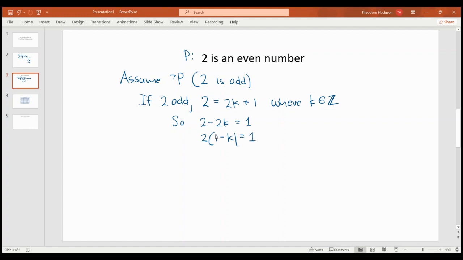Oh, but remember that k is an integer, and we know that 1 is an integer. So that implies that 2 times L equals 1, where L, which equals 1 minus k, is an integer, and that's by closure of subtraction.